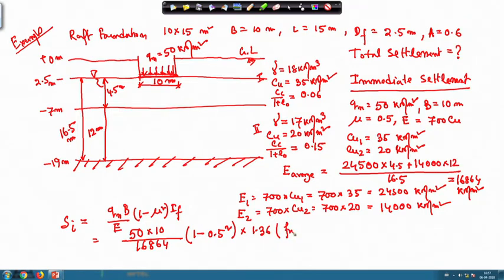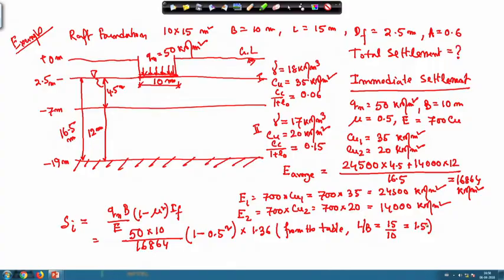This is from the table where L by B is equal to 15 by 10, which is 1.5. So, from the table corresponding to L by B that I have given.